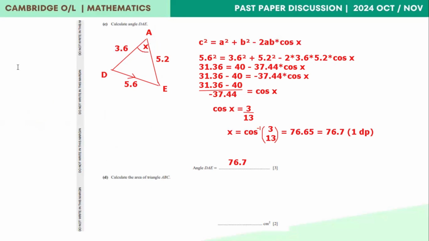If I draw it here, this is our B and this is our C. EC was 3.9 and BD was 2.7.